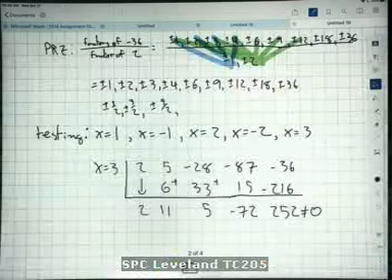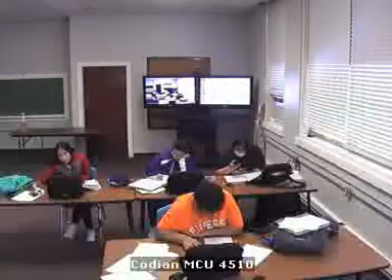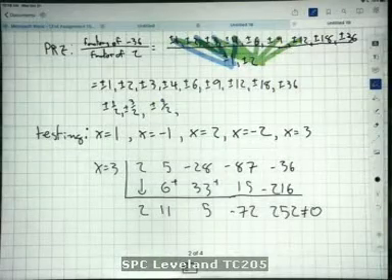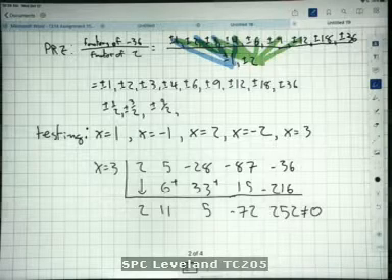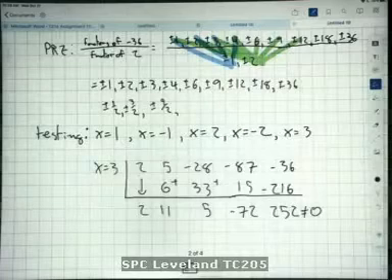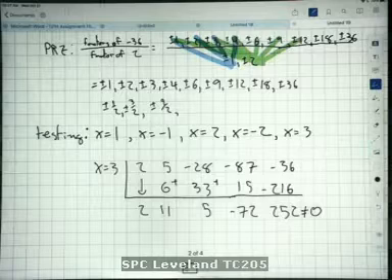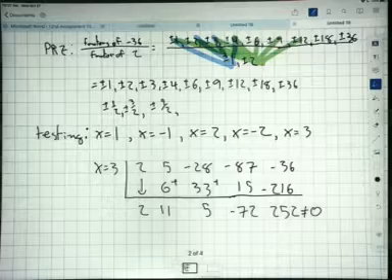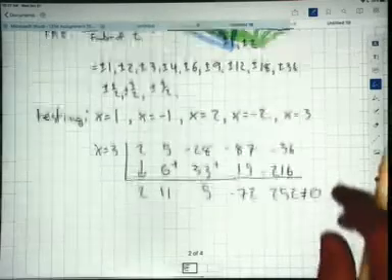Did y'all get zeros? I didn't get 0. I solved for 2, and I got a remainder of -250. So none of y'all got 0 as a remainder. I didn't either. So what's the next possibility? -3.